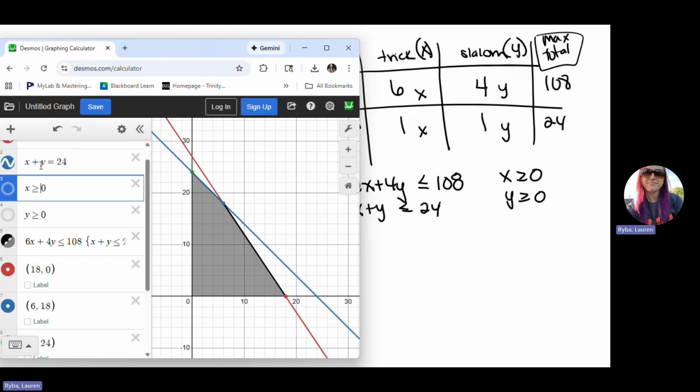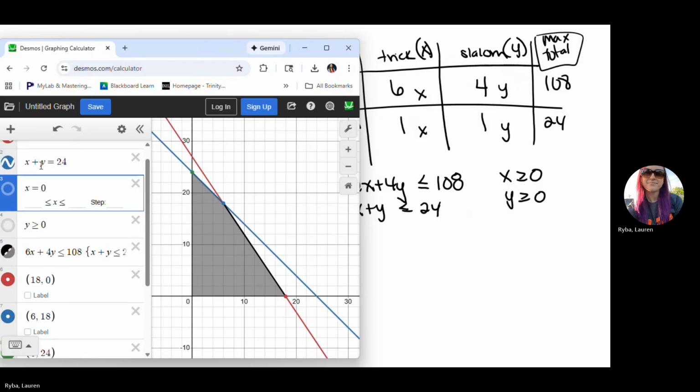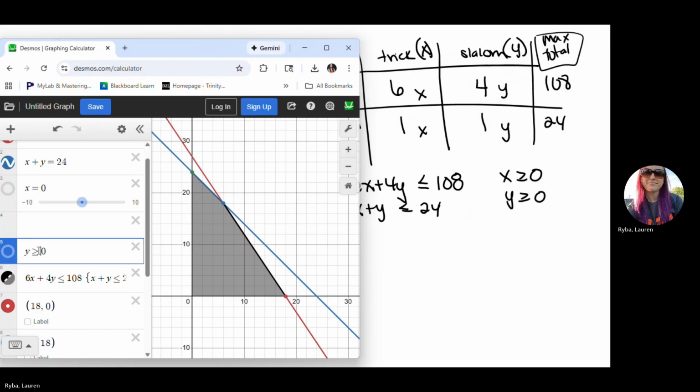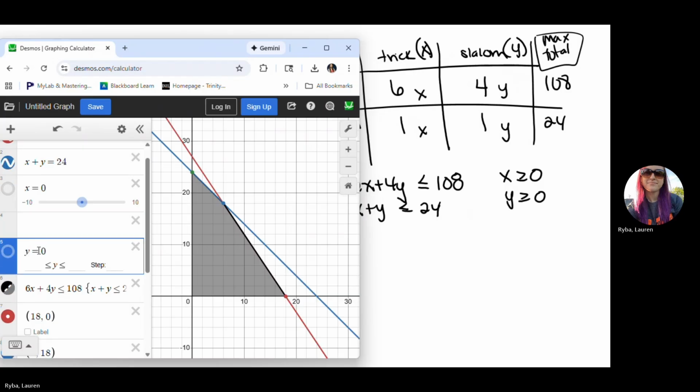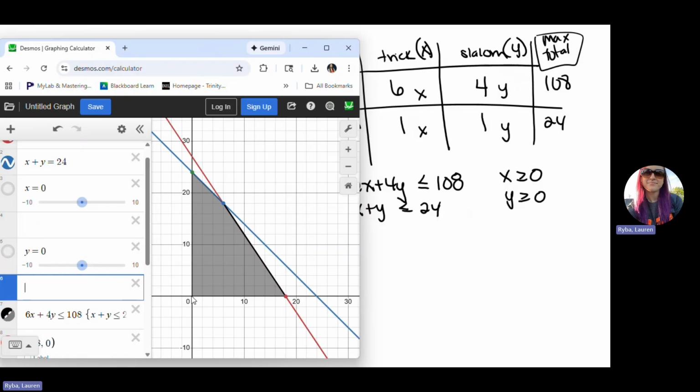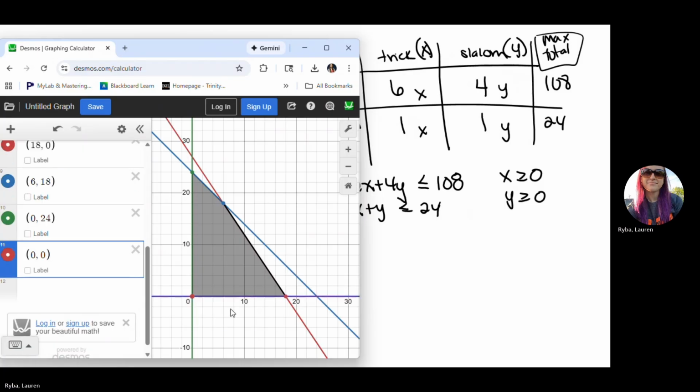And then I need to change these to equals so that I can get that corner point down there. Is it going to give it to me? There it is. And then you can see all of my corner points are marked on my graph. And if you want, if you click the little label, it'll actually put them on the graph instead of on the side.